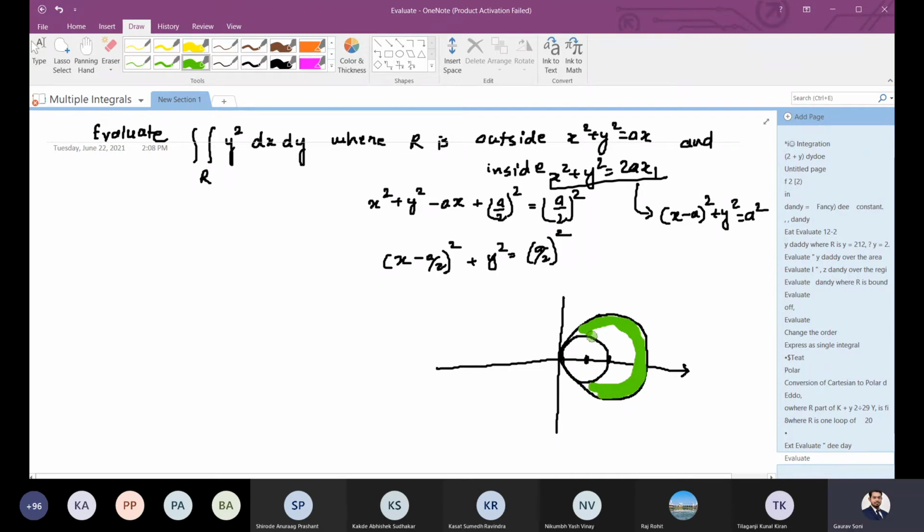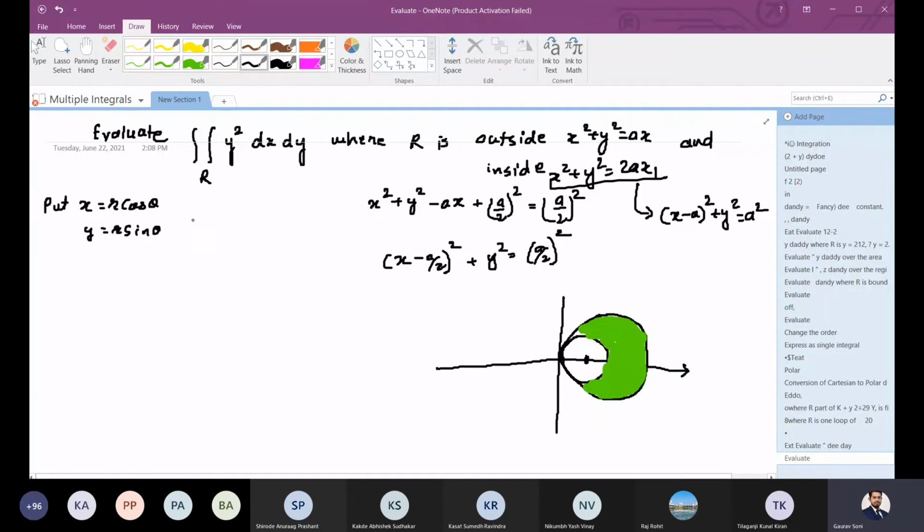So if I want the area, as it is a circle, we'll convert it to polar form. Once we convert it to polar form, we'll need the values of r as well as the values of theta. So we'll put x equal to r cos theta, y equal to r sin theta.